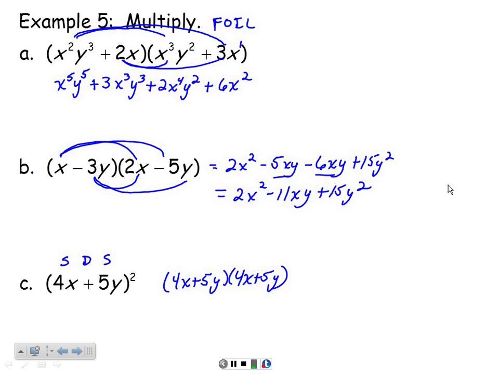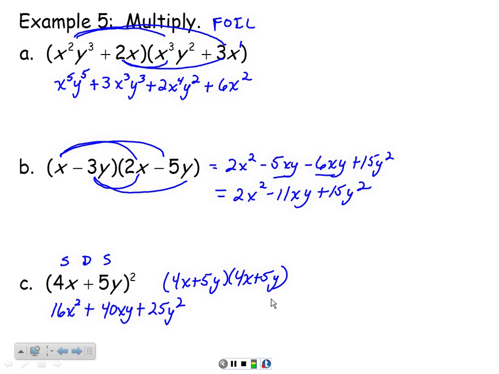Alright, so take the first one and square it. 4x squared is going to be 16x squared. Match the same sign. Multiply the two terms together. 4x times 5y is going to be 20xy and double it. So that's going to be 40xy. Always plus, and take the last term, 5y, and square it, which is going to give us 25y squared.